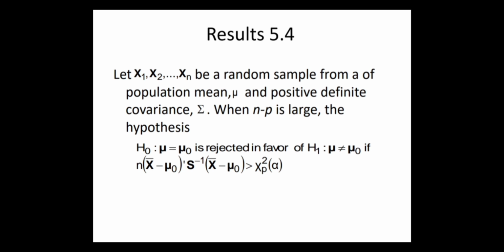Before this, with T square, we rejected H naught when the T square was more than the value of c square, which is from the F distribution.